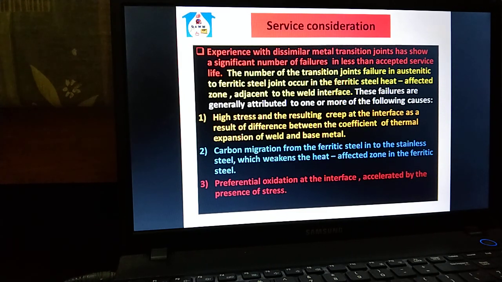Number two, carbon migration from the ferritic steel into the stainless steel, which weakens the heat affected zone in the ferritic steel.